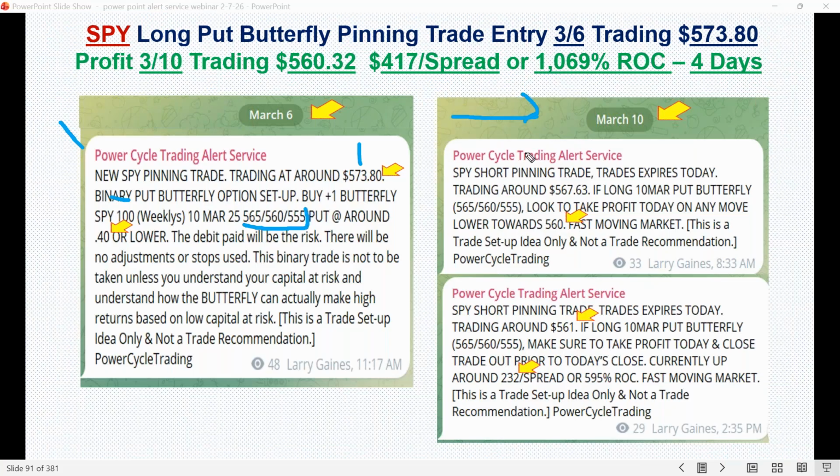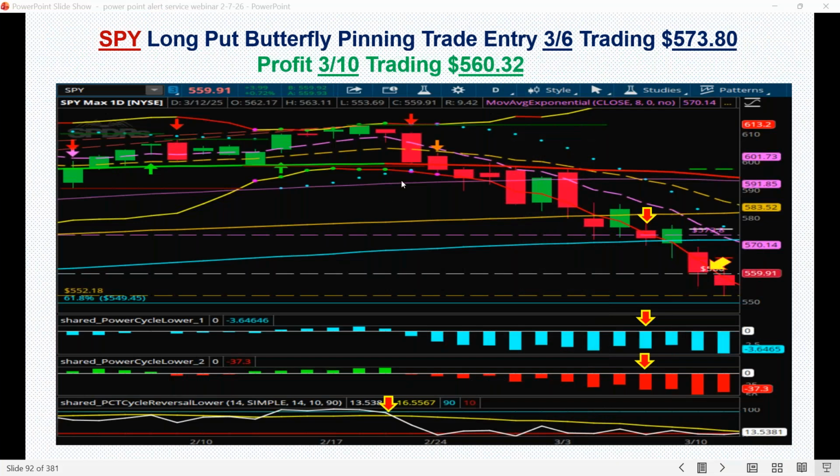Here was on the 10th. Now it was trading at 567.63. And we were looking for a pin at 560. So it's moving down to that strike. And now it was trading here a little bit later in the day at 561. So now it's at $232 or 595% return. So this was for a pin to the downside at that 560 area.